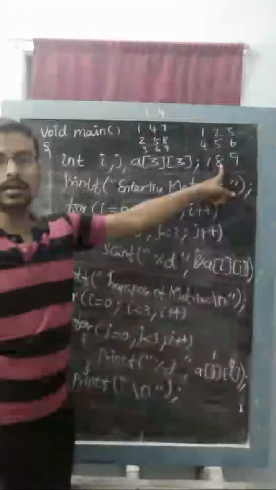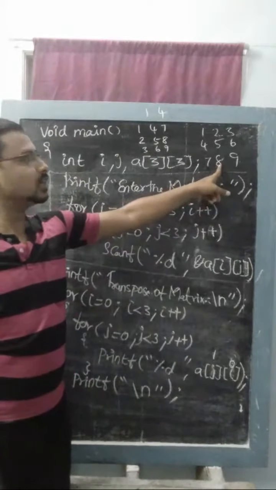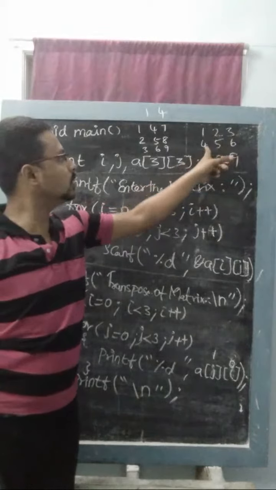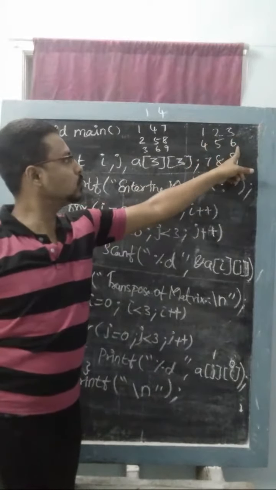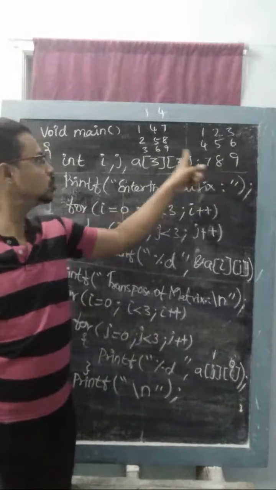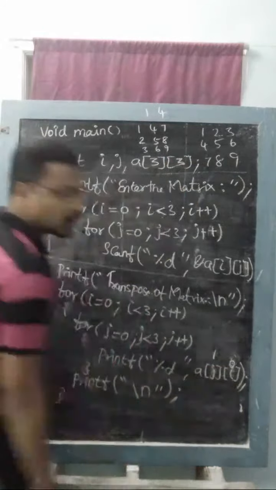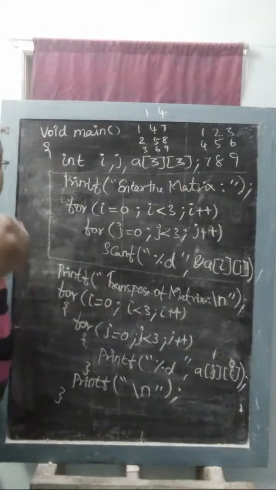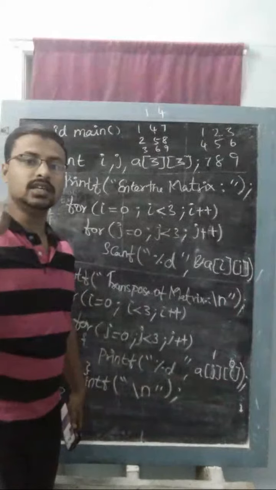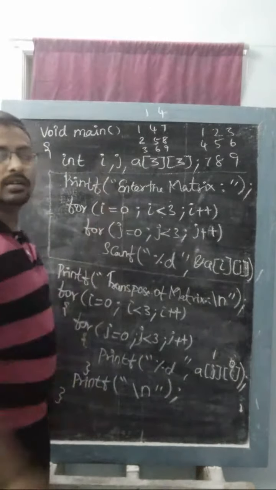And then here 1 2 1, where it is 2 1, 1 2 should come. What is in 1 2 here? 6. And as usual 9, that is 2 2. So instead of changing i j, we have to change j i. The row and column will be changed. You can get the transpose of the matrix.